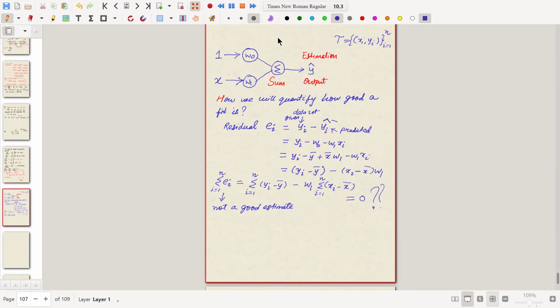Summation of error is not a good estimate for error calculation. The best way you can go is maybe summation of e_i squared. That is positive, and this will always be greater than 0. That's the motivation.